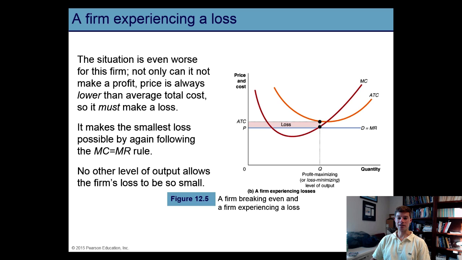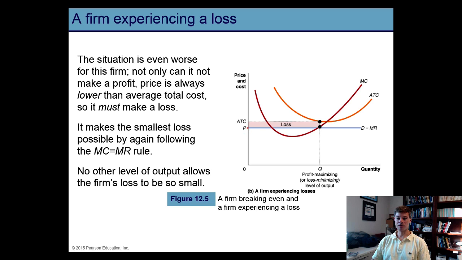I'm shading in pink a rectangle that represents the negative economic profits that the firm is earning. This is the firm incurring a loss. The area of this pink rectangle is equal to the loss, and here's why.